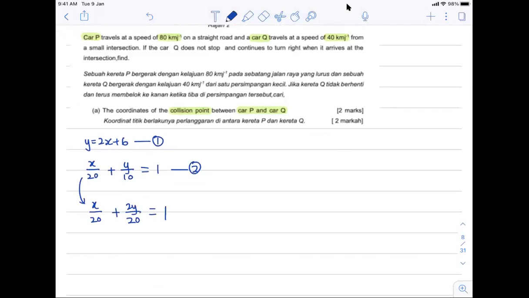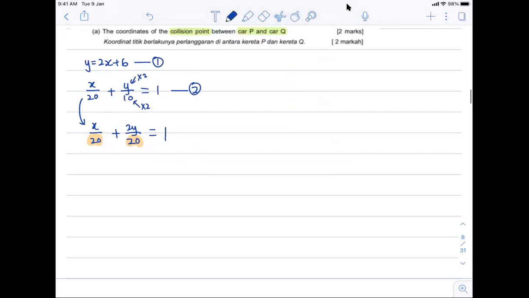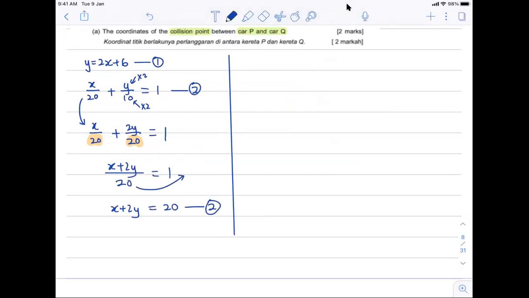Basically for y over 10, we multiply by 2 for the top and multiply by 2 for the bottom because we want the denominator to be the same, 20 and 20. After the denominator is the same, we can merge the two, to become x plus 2y over 20 equal 1. Then we move the 20 up, to become x plus 2y equal 20. It's equation 2. Now we have the two equations, we can perform the substitution.